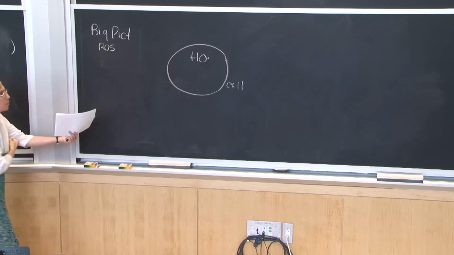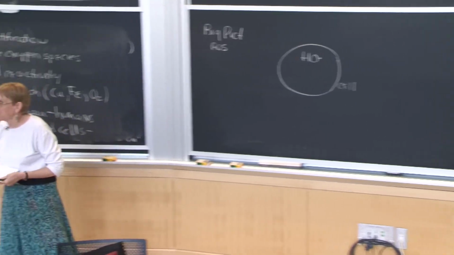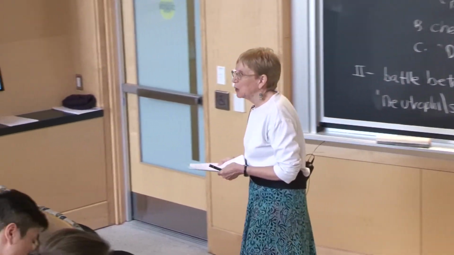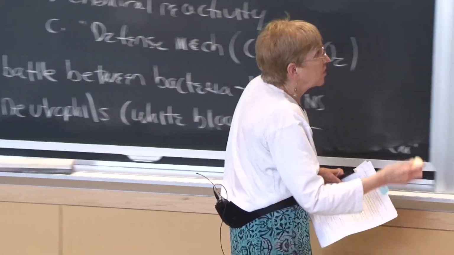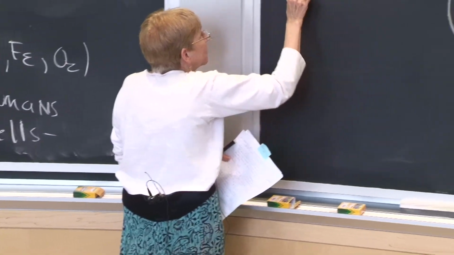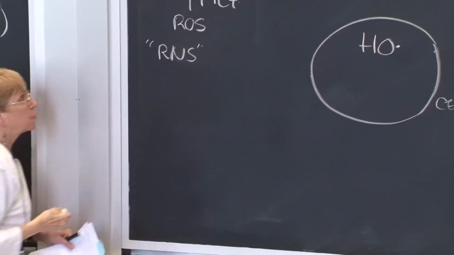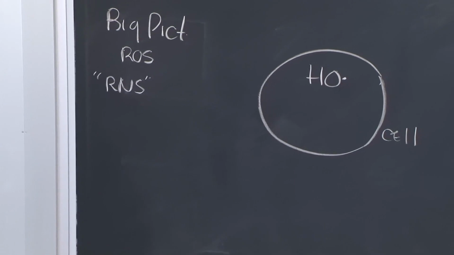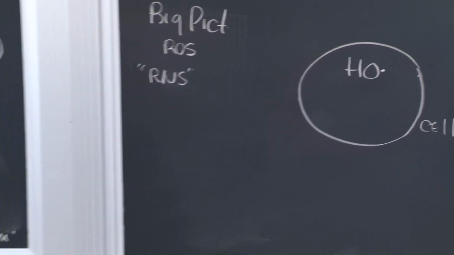And there are also things called reactive nitrogen species. You'll see that in some of the slides in the PowerPoint presentation. We're not going to talk about that chemistry. It's interesting. If I had an extra 3 or 4 lectures, I would also be talking about that. It's as important as reactive oxygen species, but I've decided to focus on reactive oxygen species.